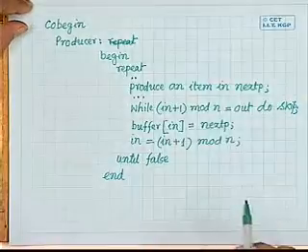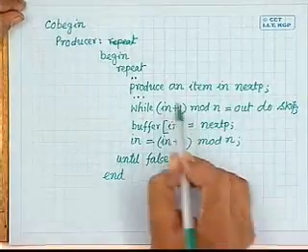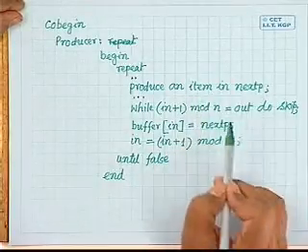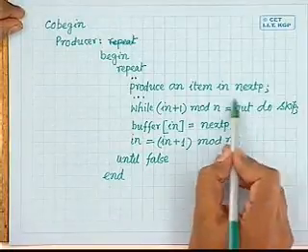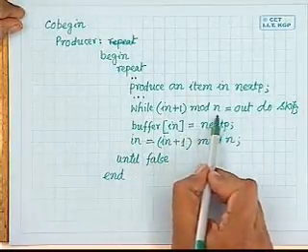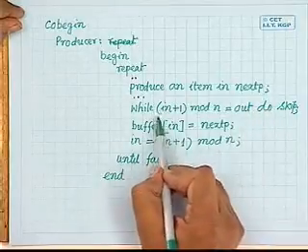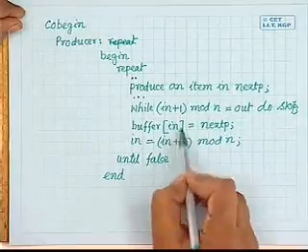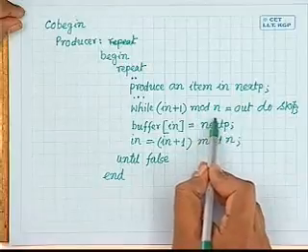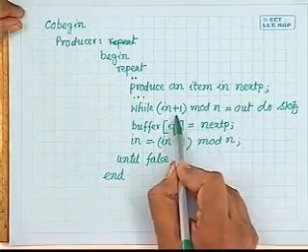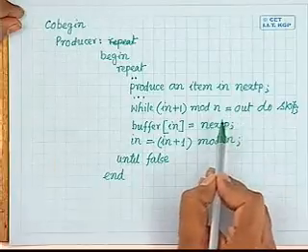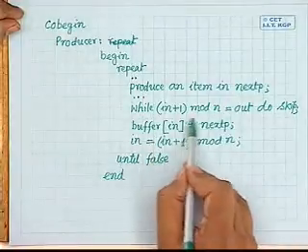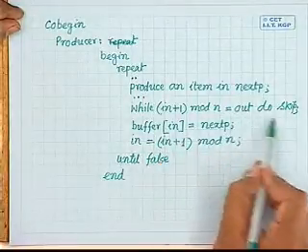So this will be the code of the producer process. The producer process produces an item, and as we said, the item is placed in variable next p. After that, the producer process will check whether there is any vacant space in the buffer or not. When the buffer is full, the condition will be in plus 1 mod n equal to out. When this condition is true, that means there is no empty space in the buffer where this new item can be placed. So the producer process will remain in this while loop. Skip means doing nothing.